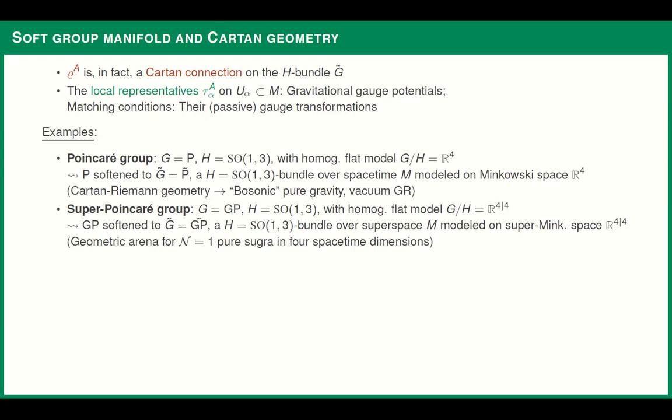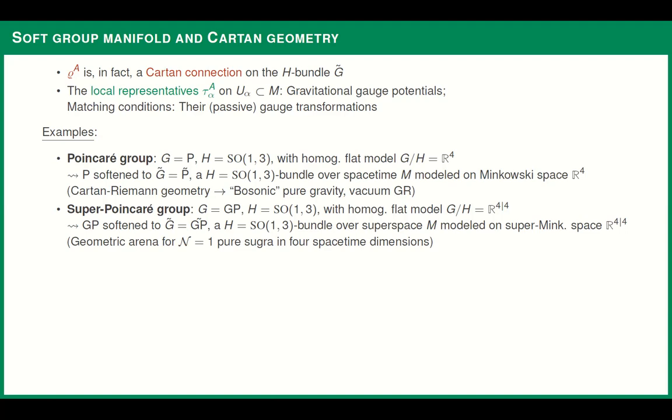Then P, so Poincare, can be softened to G tilde, that we call P tilde. And then P is an H bundle, where H is SO(1,3), over space-time N, which is modeled over Minkowski space, the R^4. And this is the way in which, when we have this structure with the Poincare group, we can build the theory, the dynamics of the theory.